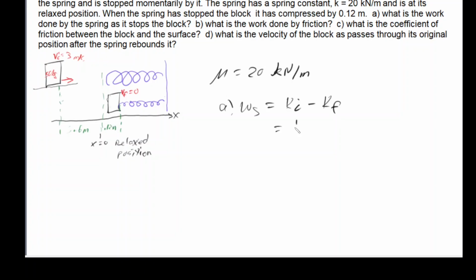So that is 1/2 mass times V initial squared minus 1/2 mass times V final squared. V final is 0 because the block momentarily comes to rest, so that becomes 1/2 mV initial squared.